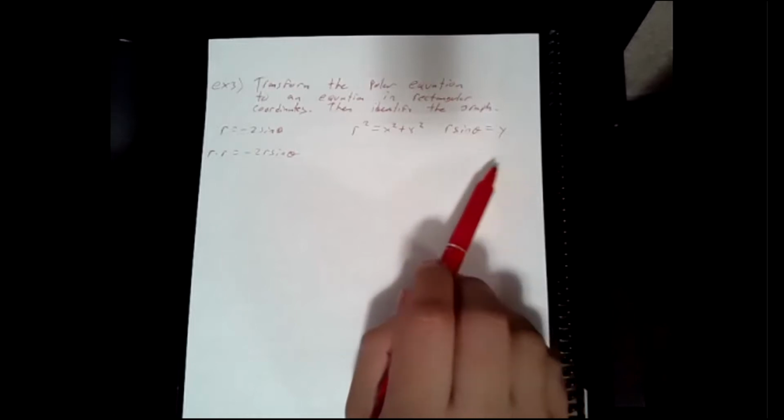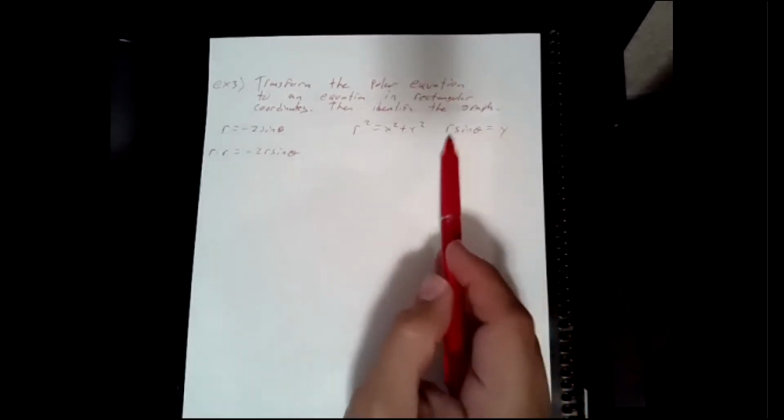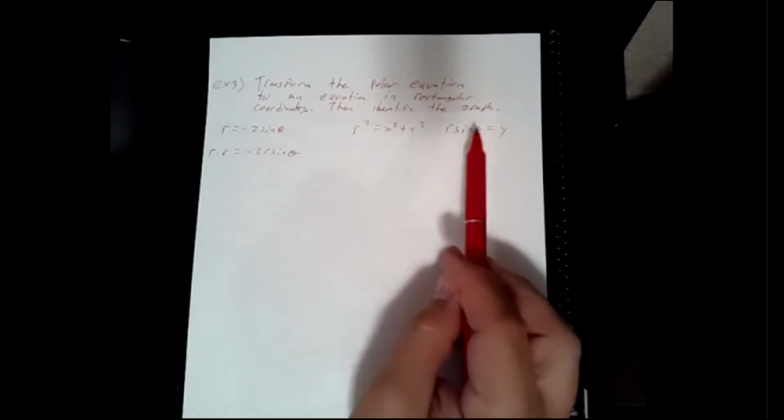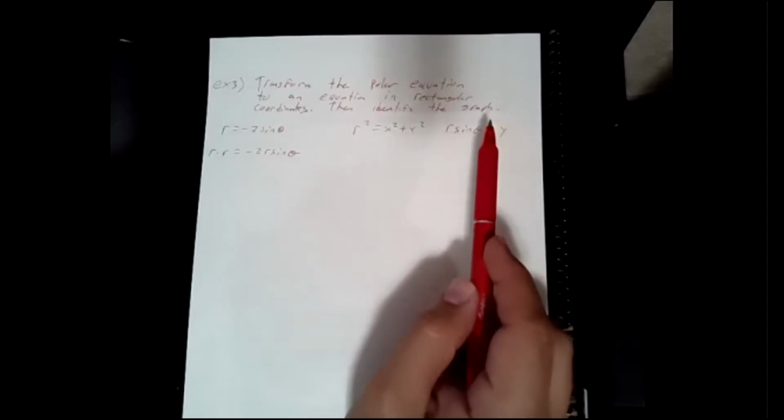You could, but the point is to get rid of all the trig stuff. I mean, you're not wrong. Mathematically, you can sub whatever you like, but don't forget what we want to do is have a complete conversion from polar to x and y. So whatever gets that done is what you want to do. Okay.